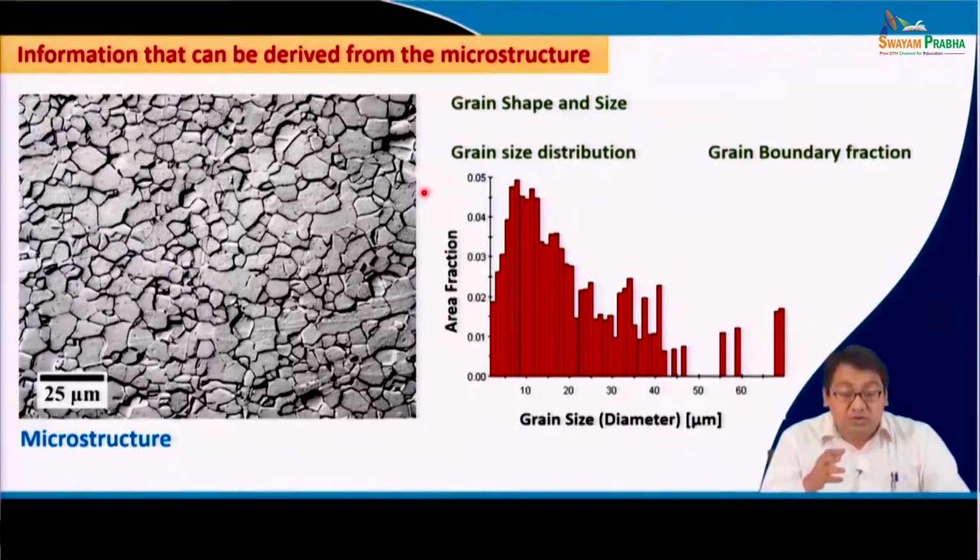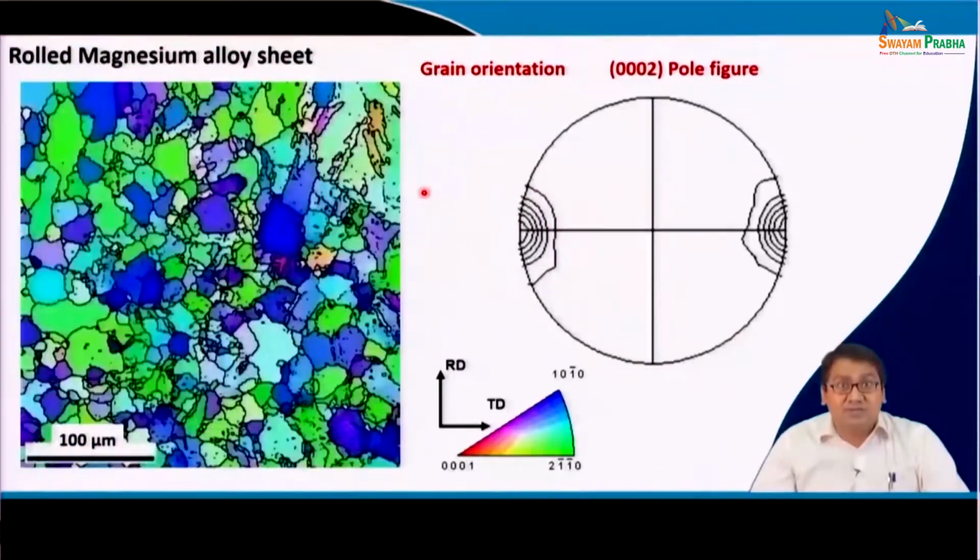That means the deviation between the two grains separated by that grain boundary: what is the angle of deviation, what is the axis of that deviation, we will not be able to find. And therefore, analysis of texture and quantitative microscopy is required in order to understand the microstructural morphology more deeply.